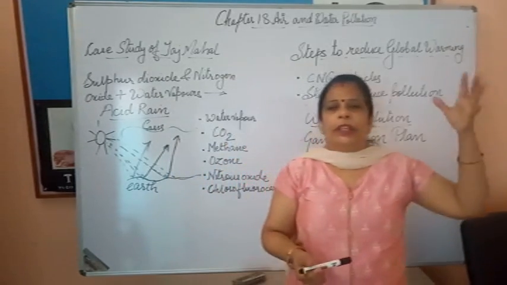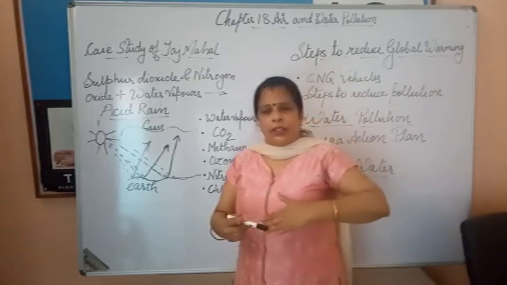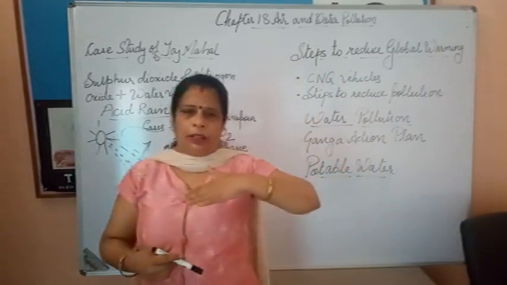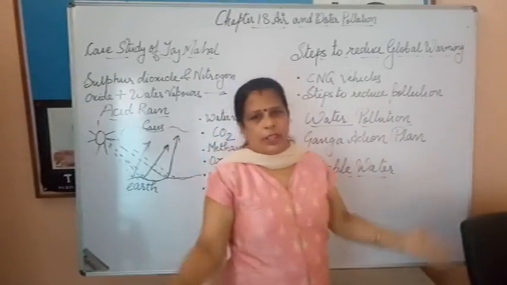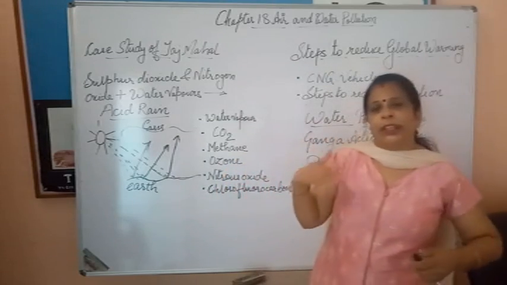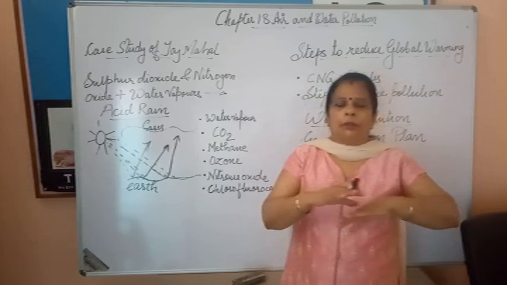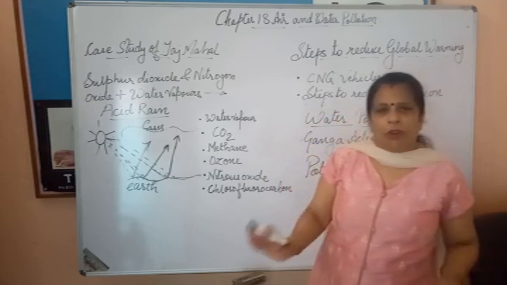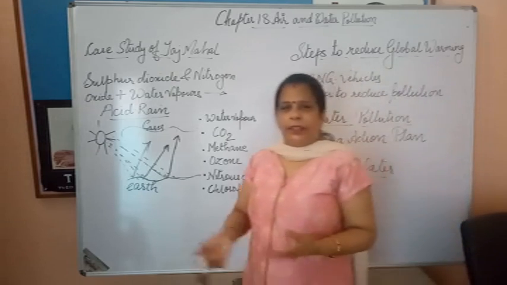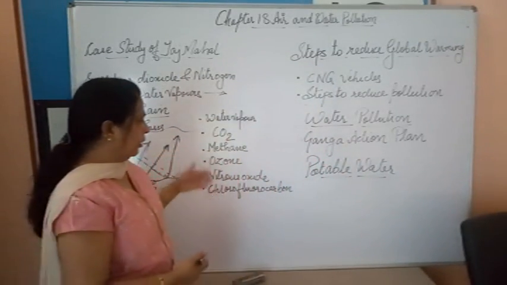There, whatever radiation is absorbed by the earth and the plants, instead of reflecting back into the atmosphere, the roof of the shed does not allow the trapped heat to go back into the atmosphere. So because of that, the environment is always warm, and that warmth or heat is absorbed or utilized by the plants for growth.